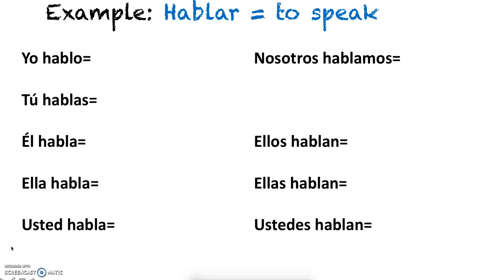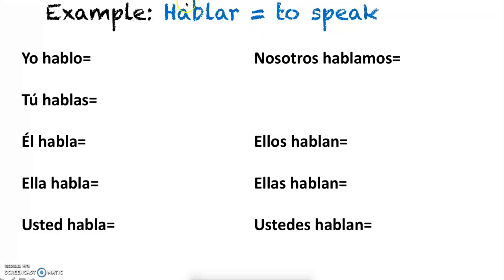Underneath that box on the bottom of your page, you have an area where it says example, and our example verb is hablar. Hablar means to speak. Here you can see I have the verb hablar conjugated. I have o, as, a, amos, and an.